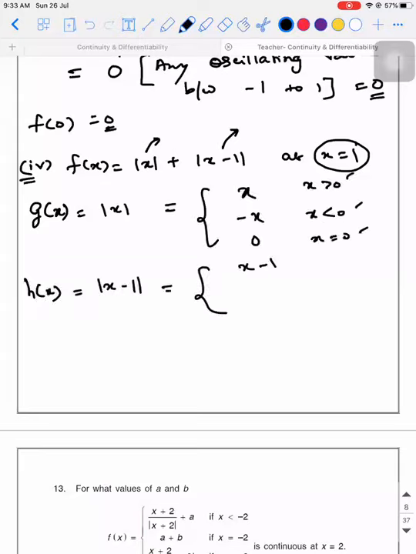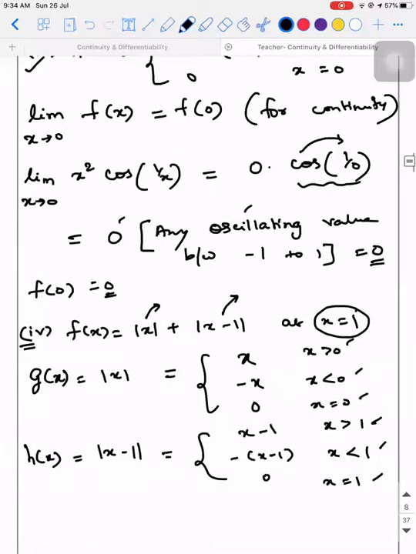It will be x minus 1 for x greater than 1, minus of x minus 1 for x less than 1, and 0 for x equal to 1. So simply apply the right limit, left limit, and the function value for mod of x minus 1 also. Since they both will be continuous functions, you can say that the sum of both is also a continuous function. So you guys try it.